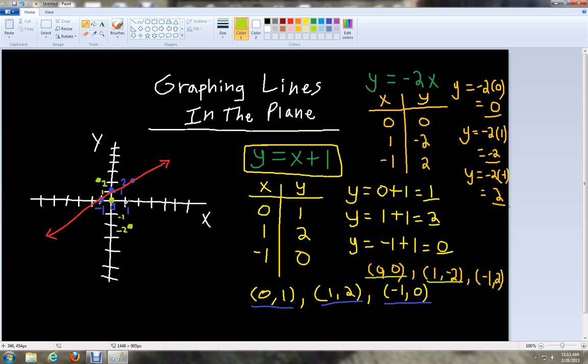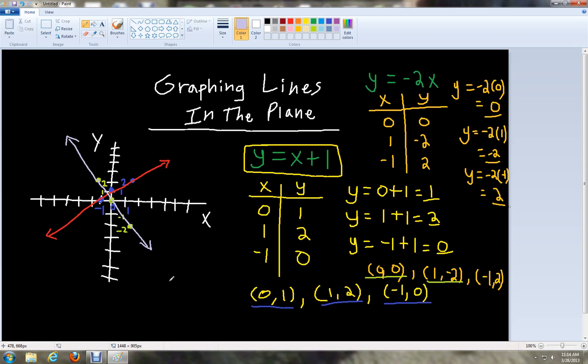If we connect these 3 points in green, our line is going to look something like this. So that's the line for y equals negative 2x.